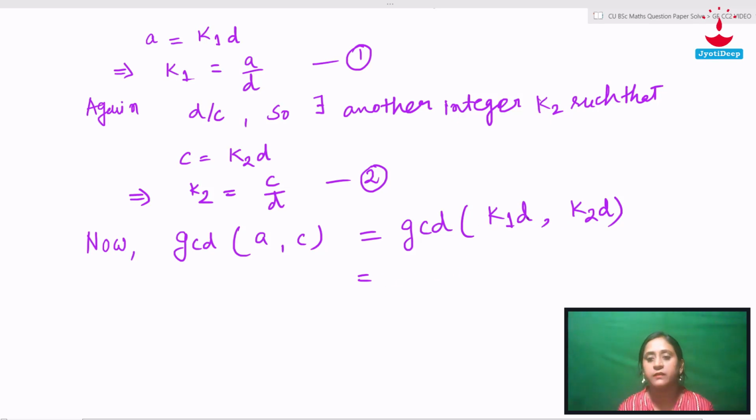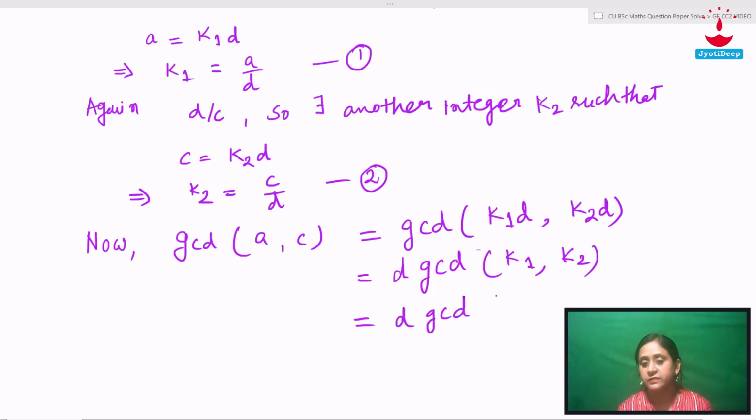If this D is common in both, then it will come outside. So it will be D into GCD of k1 comma k2. Okay, this is equals to D into GCD of, we know from 1 and 2, k1 is equals to A by D and k2 is equals to C by D, we can write. So I'm just writing this k1 as A by D and k2 as C by D.